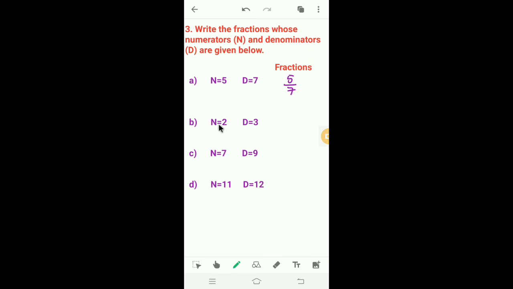B, numerator is 2 and denominator is 3. So the fraction is 2 by 3. C, numerator is 7 and denominator is 9. So the fraction is 7 by 9. Next D, here numerator is 11 and denominator is 12. So the fraction is 11 by 12.